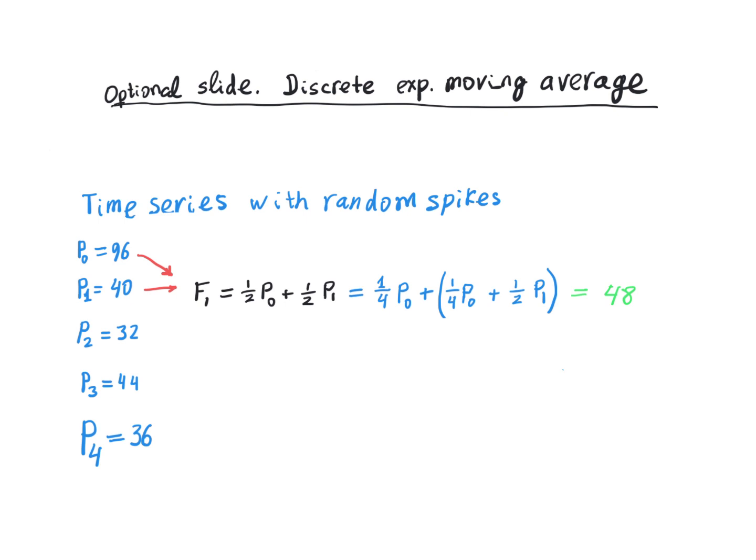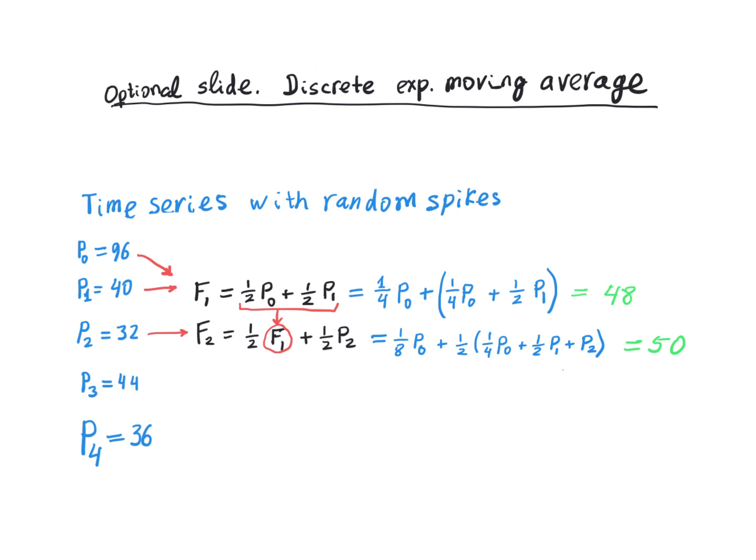For example, at time t equals 1, we can take the average of the current price and the previous price. Then at time t equals 2, we can take the average of the current price P2 and the previously computed average. At the next step, at time t equals 3, again we take the average of the previously computed sum and the current price P3.